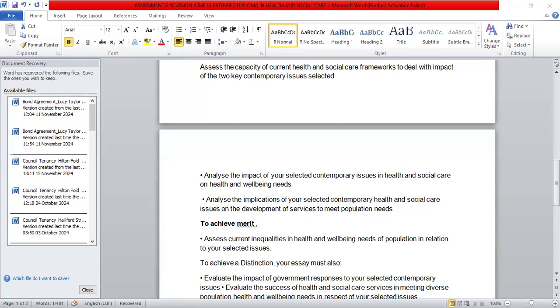So what may be the two specific issues, and the government and regulatory responses on this? Looking at the government policy and initiatives and changes in legislation.